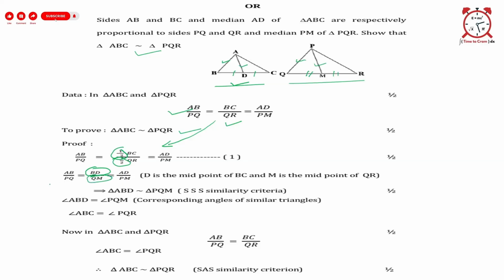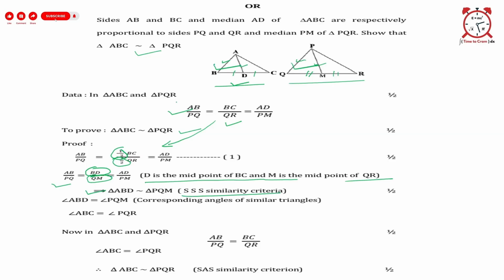So we have proved here AB upon PQ equal to BD upon QM equal to AD upon PM, because D is the midpoint of BC and M is the midpoint of QR.